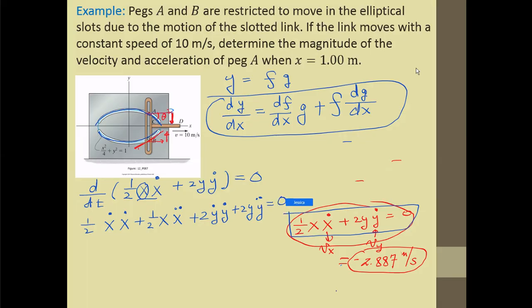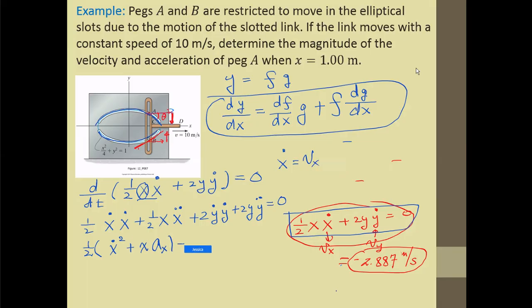Then summarize it. 1 over 2 is a constant. Common x dot times x dot is x dot squared. And next, x and x double dot. x double dot is actually the acceleration x component. By the way, x dot is the velocity x component.